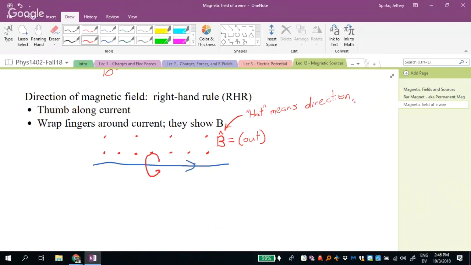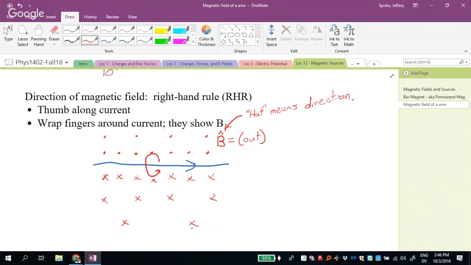And then if we think about the points below that wire, that magnetic field would be curled down the front and pointing into the page, into the screen. We have a symbol for that as well. That's symbolized by X's. Now notice that I have more X's when I'm close to the wire and fewer X's as I get further away.